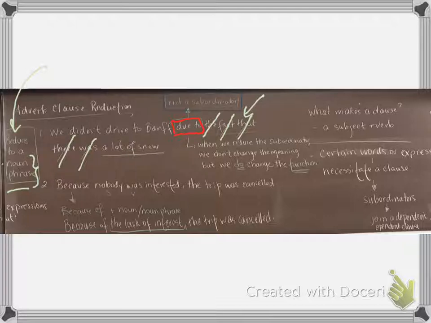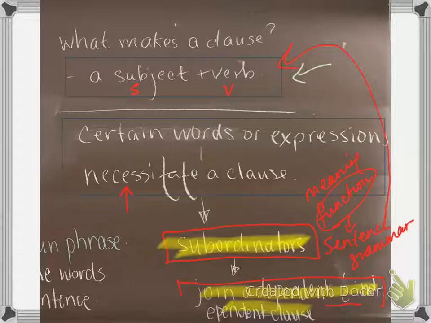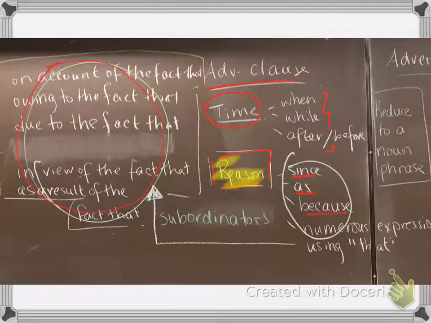Okay, and for this reason, after a phrase like due to, we can't have a subject and a verb. We need to have a noun or a noun phrase. If we go back, let's go back one more. If we go back to these words, since, as, because, due to the fact that, these all function as subordinators.